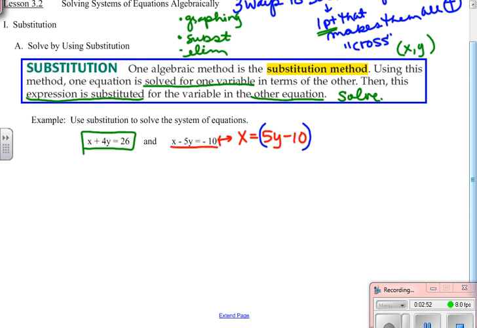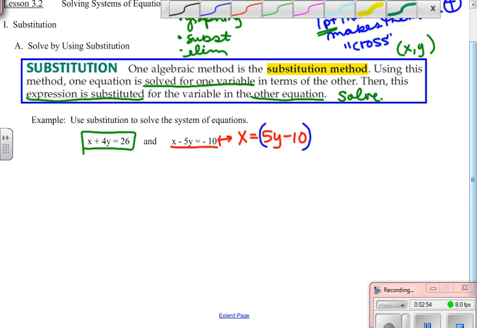Go to the other one, and wherever there's an x, I'm going to replace it with this, because that is the same as x. And so what I'm going to have is 5y minus 10 plus 4y equals 26. And you can see that this is now in the place of the x.